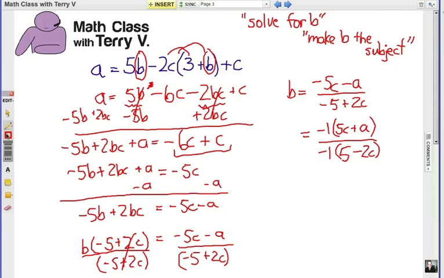What's the point of factoring out the negative 1? Well, now they can cancel out. So we've made it a little simpler anyway. Some people would disagree, but if we clean it up a little bit, a better version of my answer would be B equals 5C plus A over 5 minus 2C. So a little bit better.